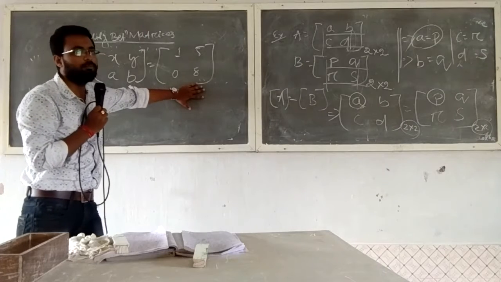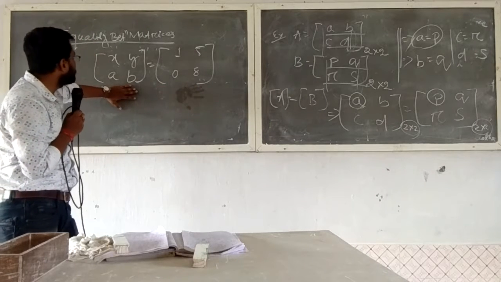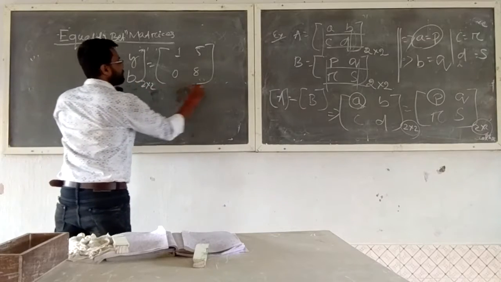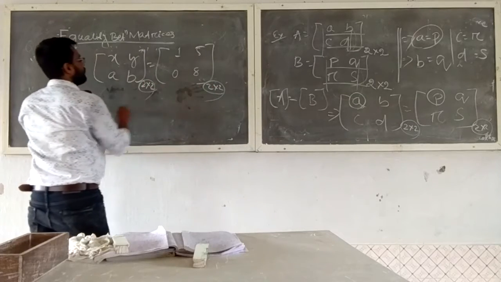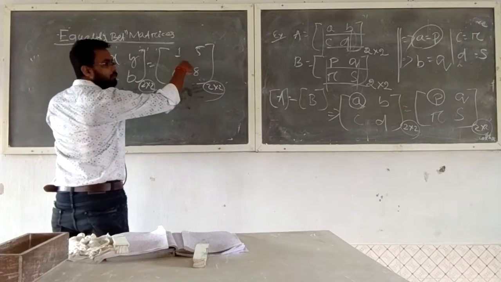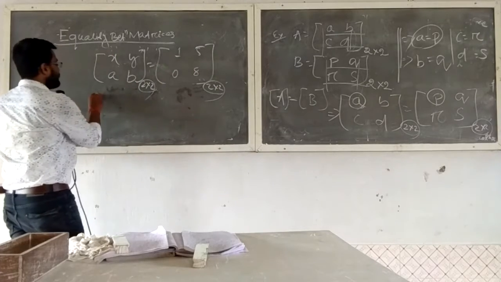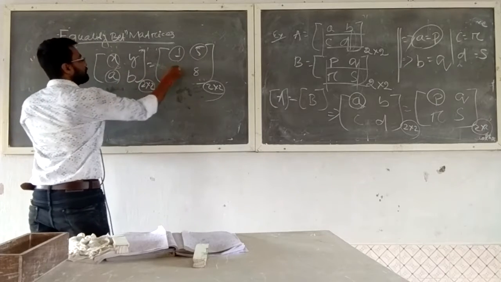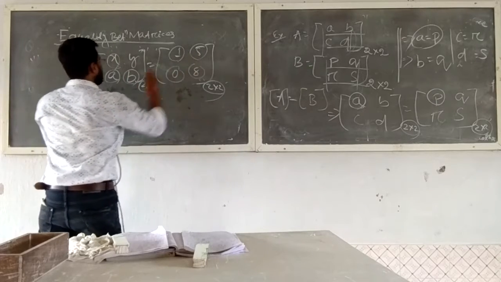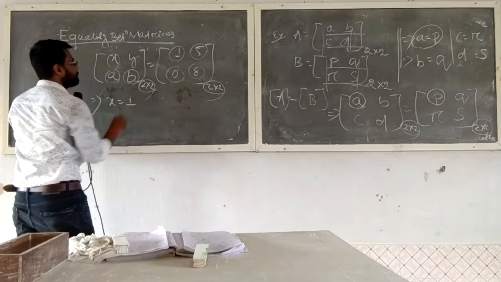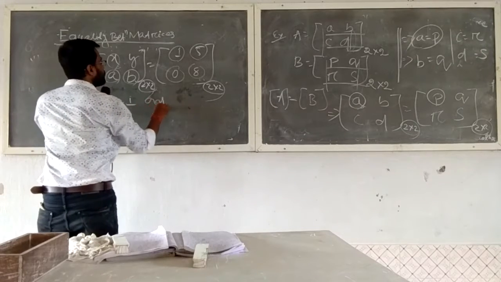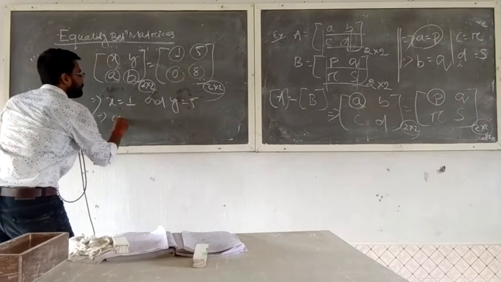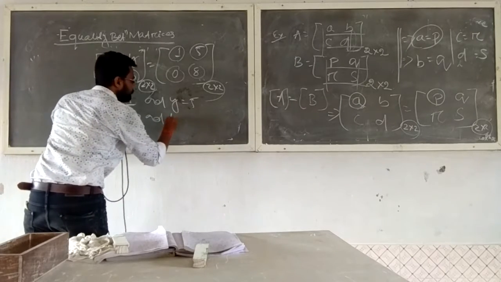This is also a 2 by 2 matrix. The condition for equality: the order is the same, 2 rows and 2 columns, and the elements are also the same. So X equals 1 and Y equals 5. It implies also A equals 0 and B equals 8.